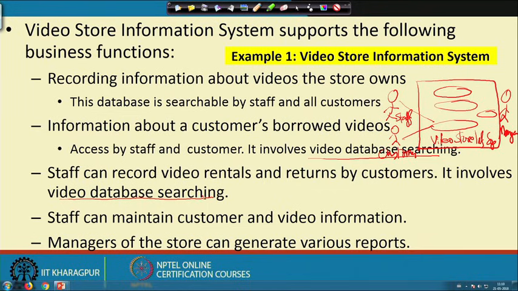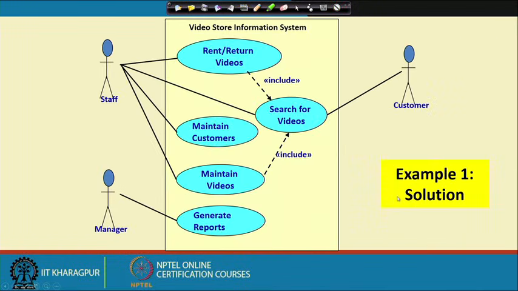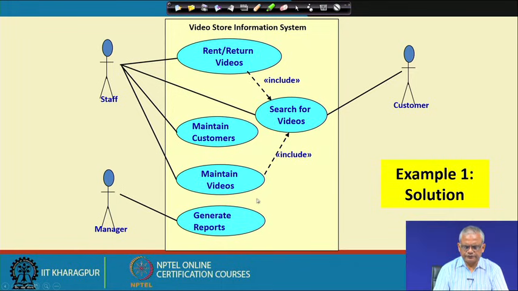Now, let us draw a neat diagram. We approximately know how to go about drawing the diagram. So, the customer, the staff and the manager are the three categories of users.